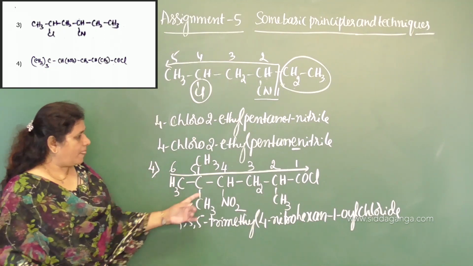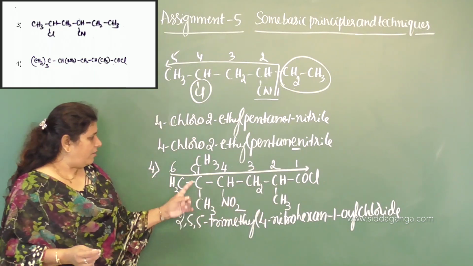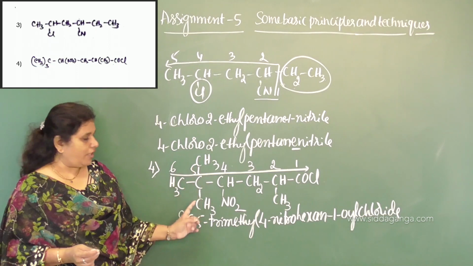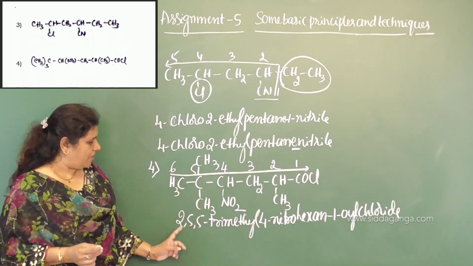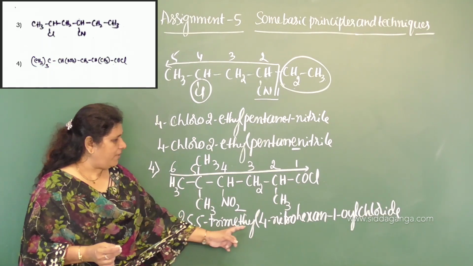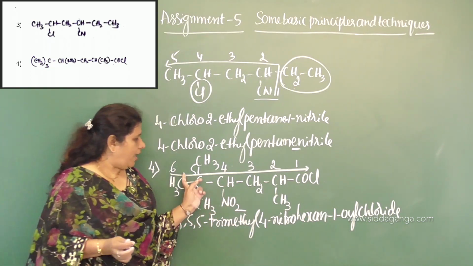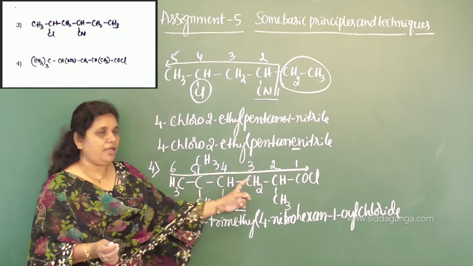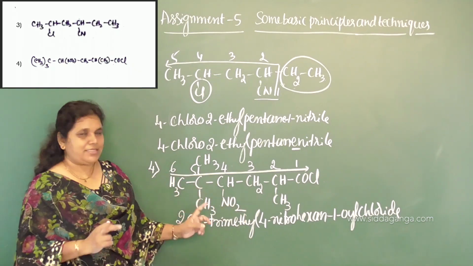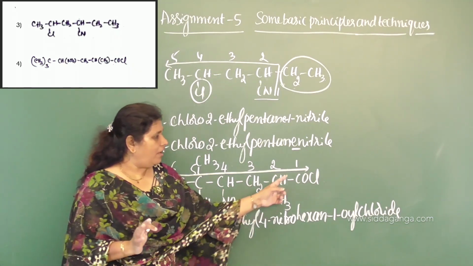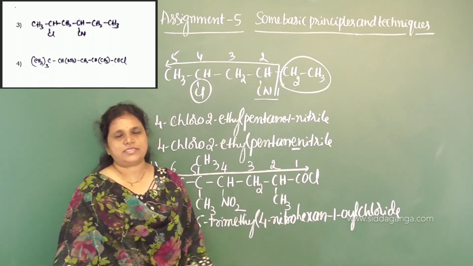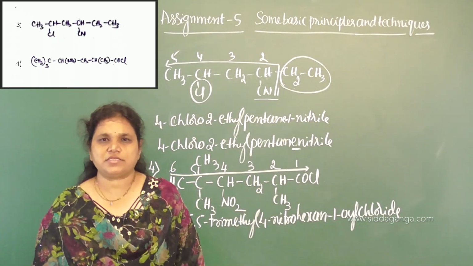See here, 2-methyl, 5 and 5. On the fifth carbon again we have 2 methyl groups. Therefore, 2, 5, 5-trimethyl, 4-nitro, NO2 is nitro, hex is the root word, ane is the primary suffix as there is no double or triple bond, and oyl chloride is the secondary suffix for acid chlorides.